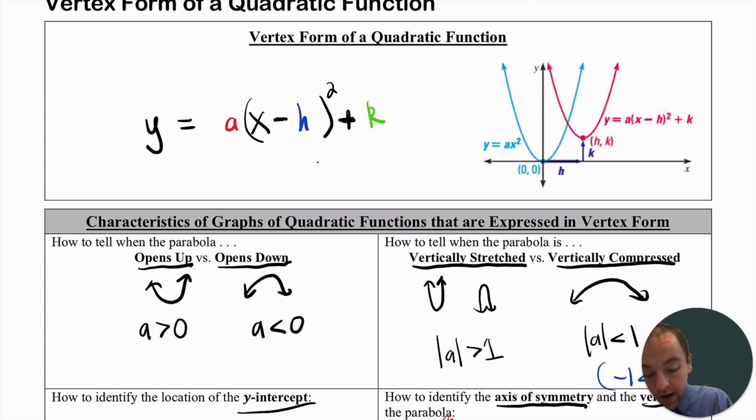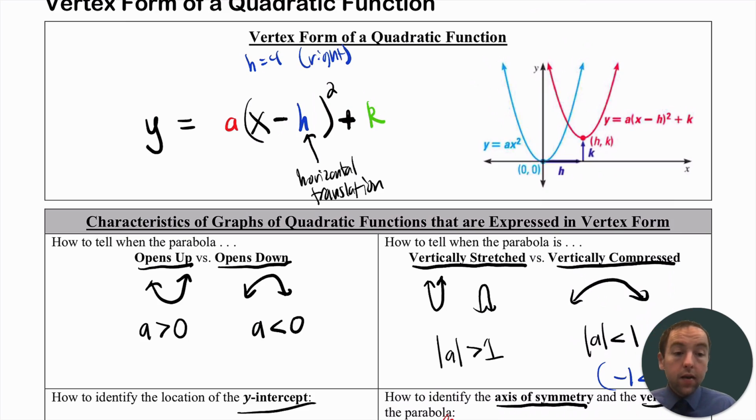What I mean by that is this h right here corresponds to the exact number of units of horizontal translation of your graph from the parent function of y equals x squared. So for example, if h was the number 4, then you are going to move right 4 units. Keep in mind, if h was a positive number and you plugged in the 4, you're going to see x minus 4.